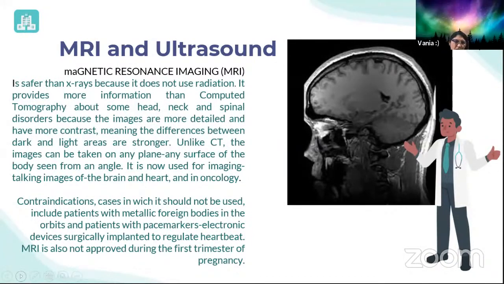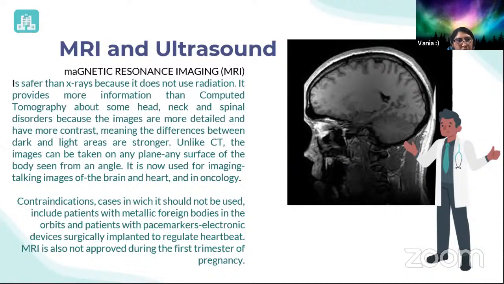MRI and ultrasound. Magnetic resonance imaging is safer than X-rays because it does not use radiation. It provides more information than computed tomography about some head, neck, and spinal disorders because the images are more detailed and have more contrast, meaning the difference between dark and light areas is stronger.